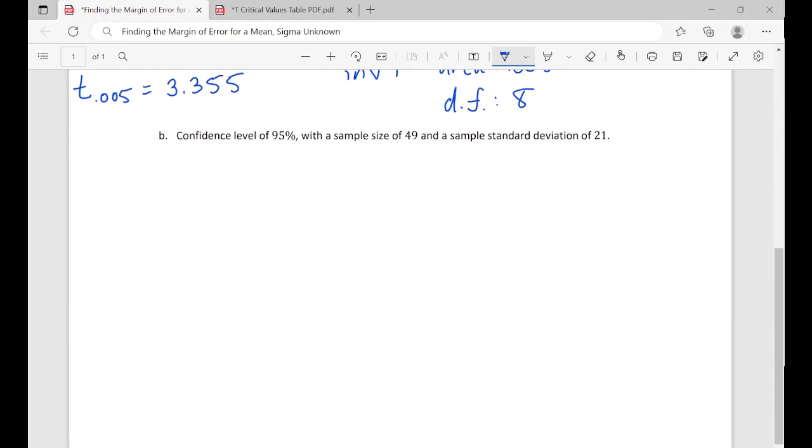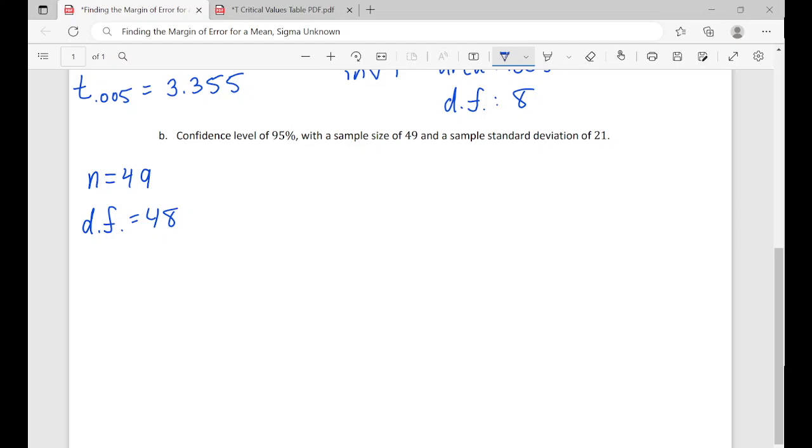Now how about this one? Confidence level of 95% with a sample size of 49 and a sample standard deviation of 21. Again, just pick out what we know. n, our sample size, is 49. Our degrees of freedom are going to be 48.